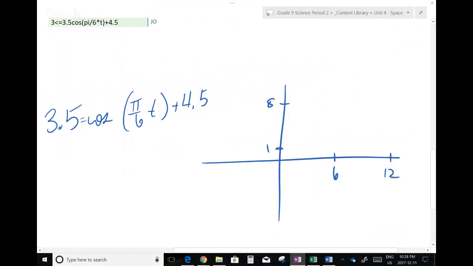This is what we're told. And so it's going to go like that, basically. And obviously, the function goes on and on. Okay.